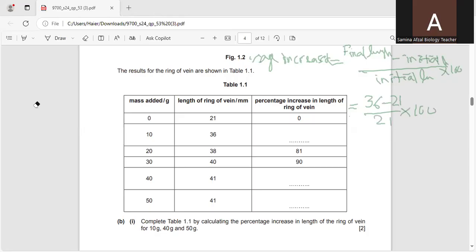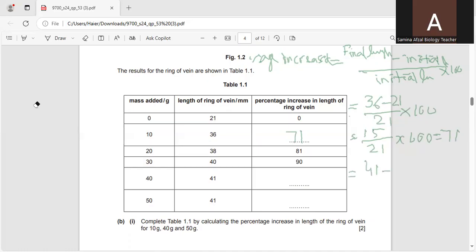So while calculating, we can make use of a calculator for this. That is 36 minus 21 is equal to 15 divided by 21 into 100. So the answer is 71. So we will write value 71.